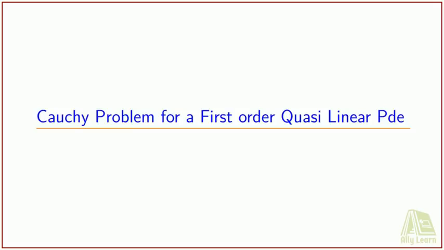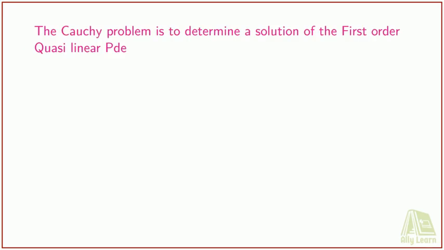Something similar we will be doing over here for quasi-linear PDEs. So, the Cauchy problem is to determine a solution of the first order quasi-linear PDE given by this equation. This equation is the equation of a first order quasi-linear PDE.